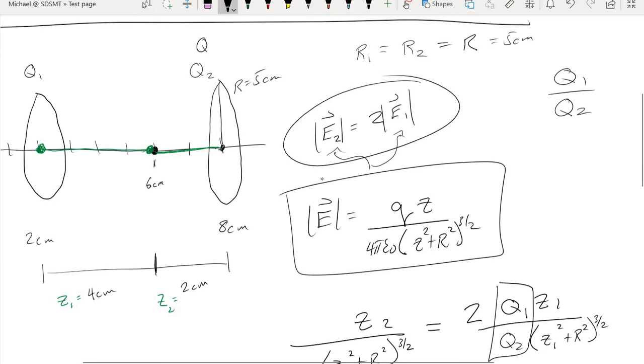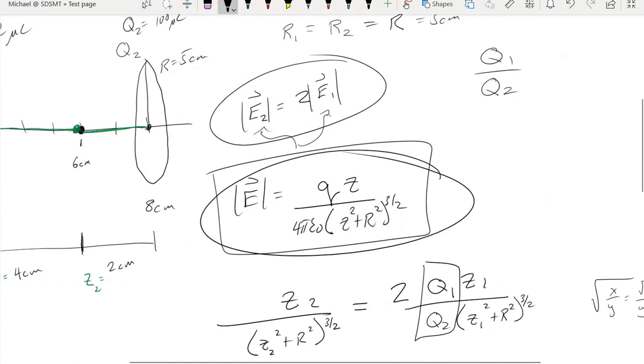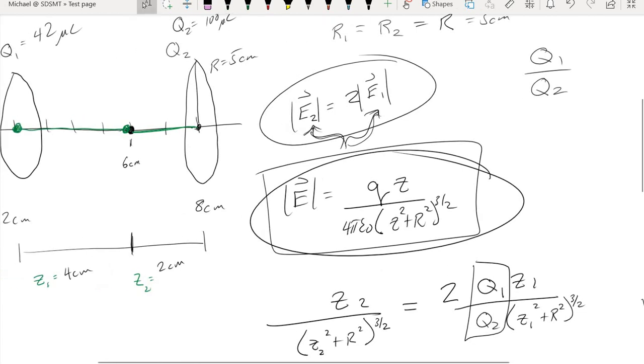If I said that charge 2 was equal to 100 microcoulombs, then charge 1 would have to be 42 microcoulombs, and then I could put everything into this expression and it would lead back to this relationship, that the magnitude of field 2 would be twice as strong as the magnitude that field 1 was producing at that point.